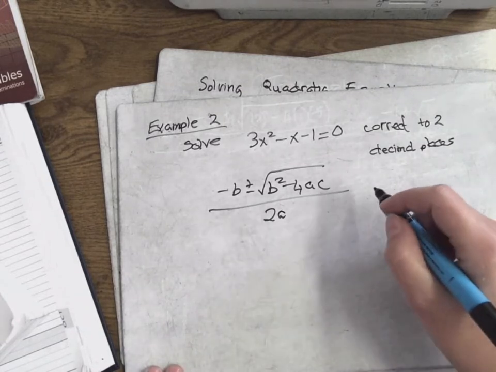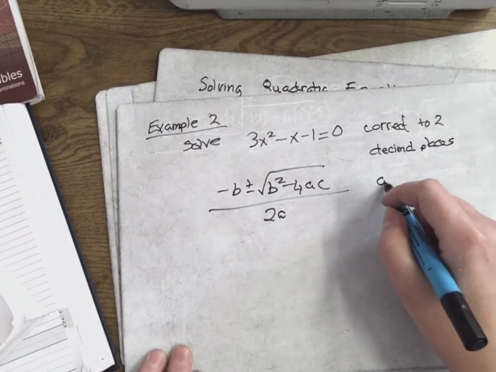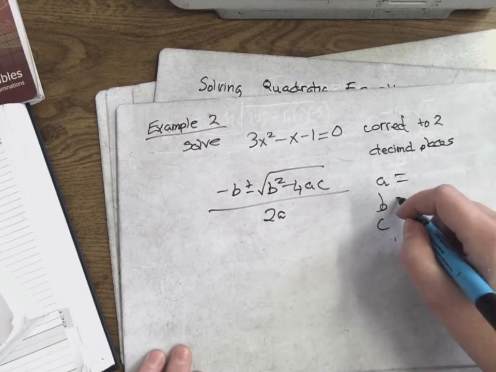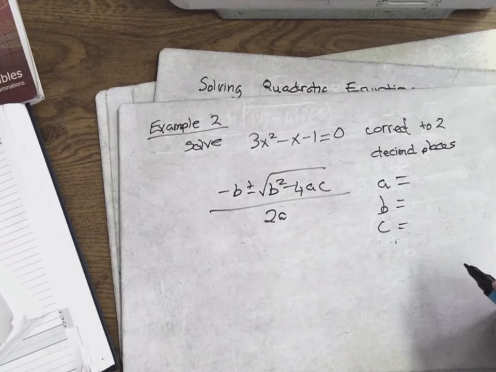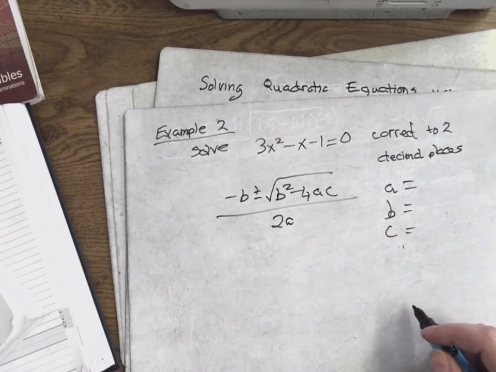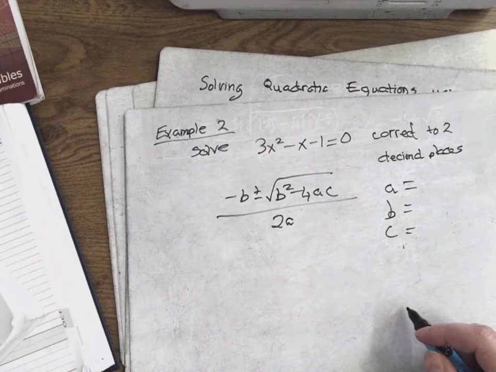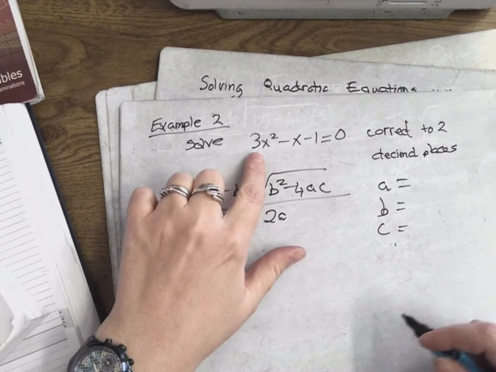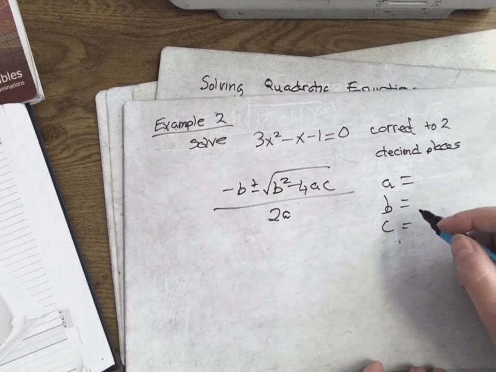Okay. So then you write down what a is, what b is, what c is. So what's a? And remember, this is the most common mistake. If I show you the common mistake, will you not make it? Look, what's a equal to? 3.